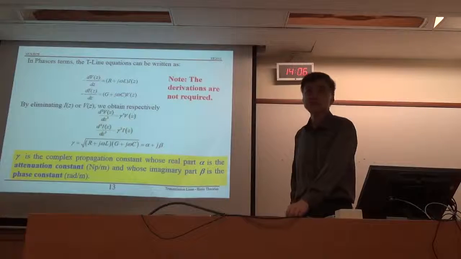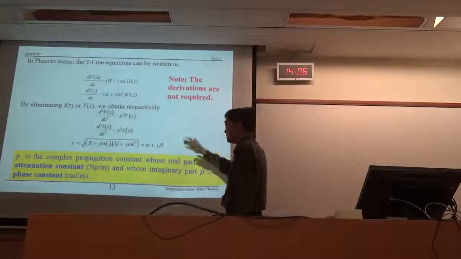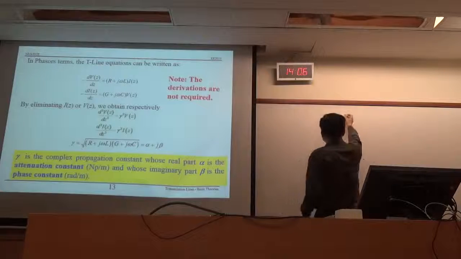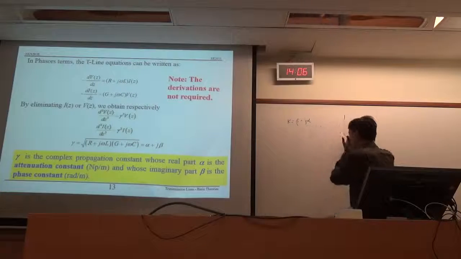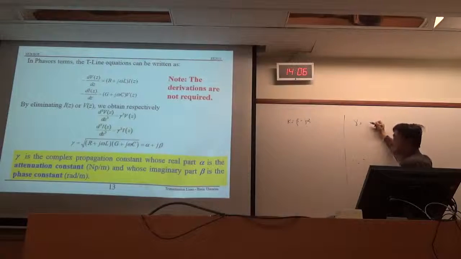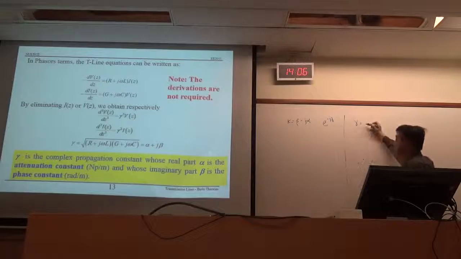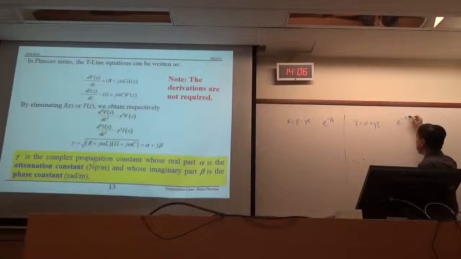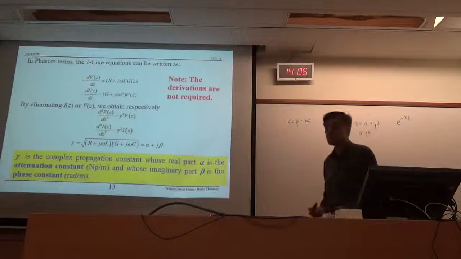Therefore, gamma is equal to jk, and it is equal to alpha plus j beta. So everything is the same. Here we have k equal to beta minus j alpha, and here we have gamma, e to the minus jkz. Let's say this gamma is equal to alpha plus j beta, and e to the minus gamma z. So gamma is basically equal to jk.